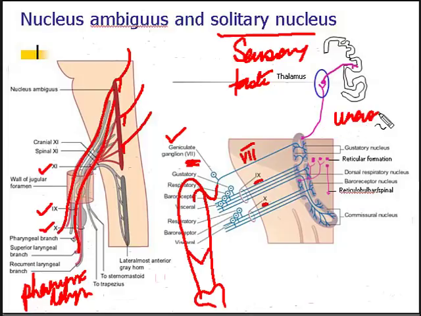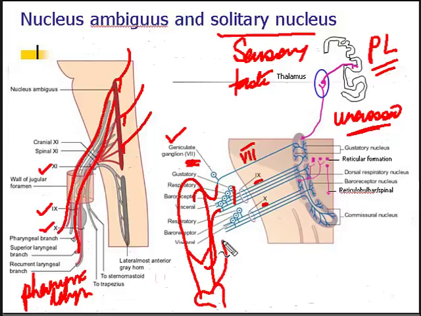And from the thalamus, it goes and relays in the parietal lobe of the brain, because that's where all sensations are perceived. Then from the posterior 1/3 of the tongue, the impulses pass out in the 9th cranial nerve. They have their cell bodies in a sensory ganglion of the 9th. They enter the solitary nucleus, synapse, and do the same thing. And from the posterior most part of the tongue and this adjacent area of the epiglottis, the sensations pass into the 10th cranial nerve.